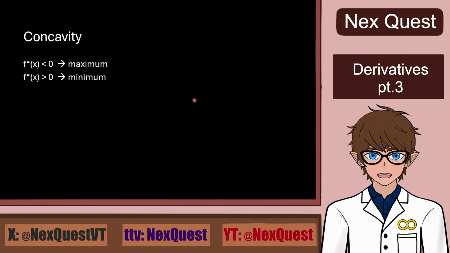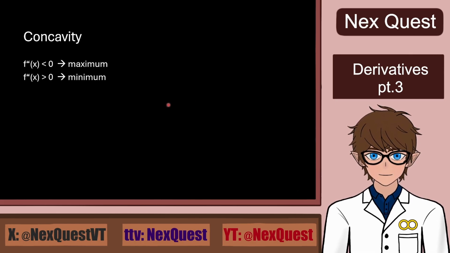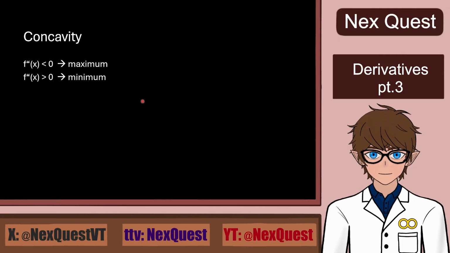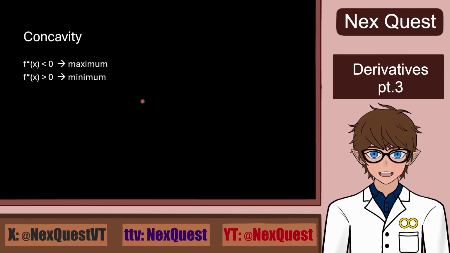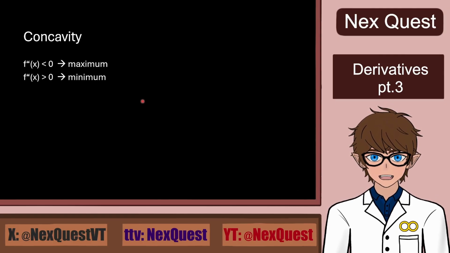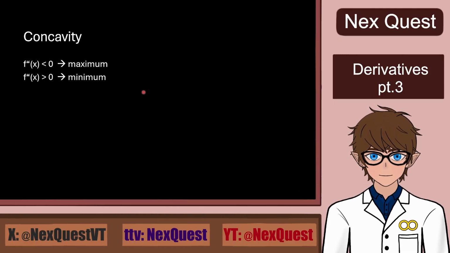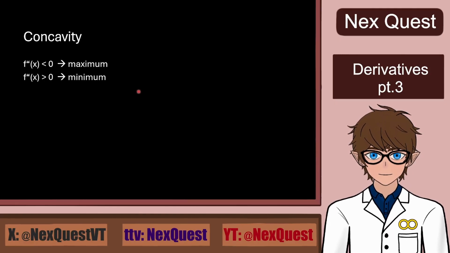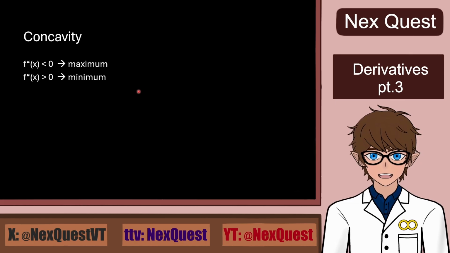Now, building on the previous point, we can also use that rule to determine concavity. So we know that a minimum is like a U shape, while a maximum is the opposite, so falling down. Concavity in math, I'd say it's like cavity, and a cavity is like a hole, so more like a U shape because you dig a hole from the ground, you know? And since you dig it out, it's shaped like a U, and I guess concavity here would refer to which direction the hole is facing, so away from the bend.